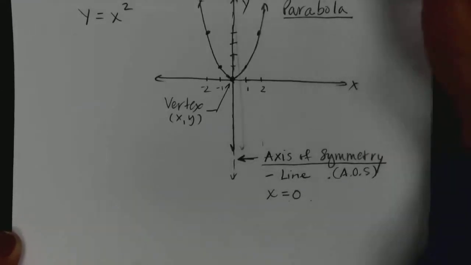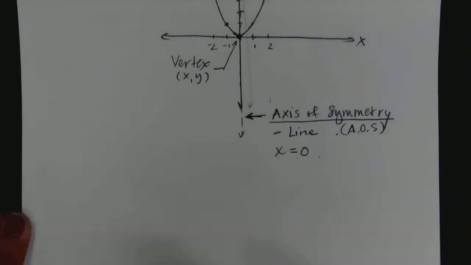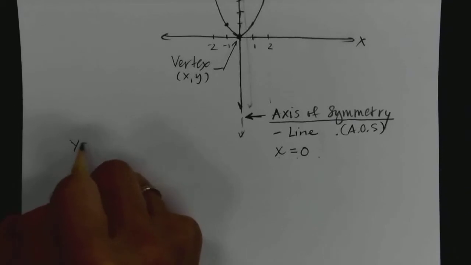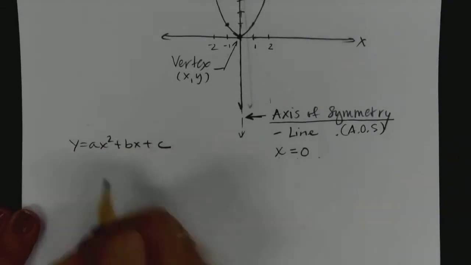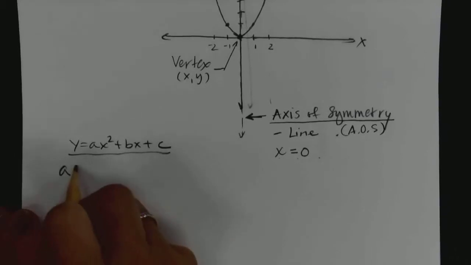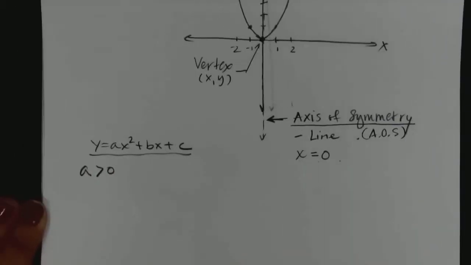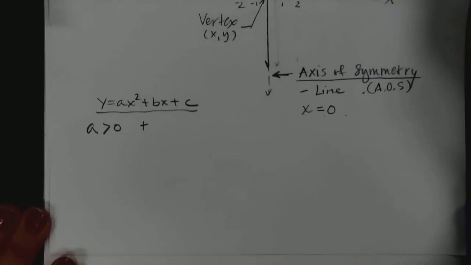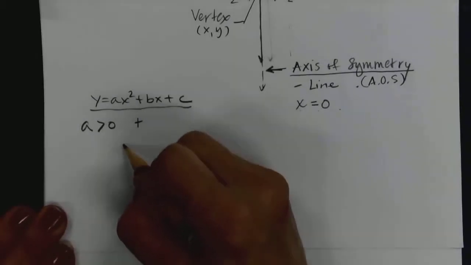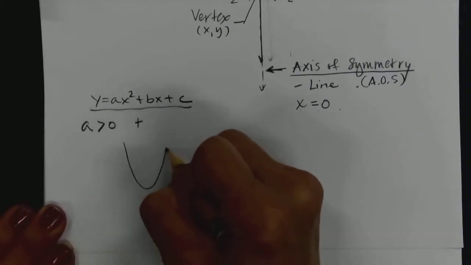So now let's talk about what happens in the equation. If I gave you y equals ax squared plus bx plus c, and a is greater than 0, that means a is a positive value. When a is positive, my parabola goes up like this.